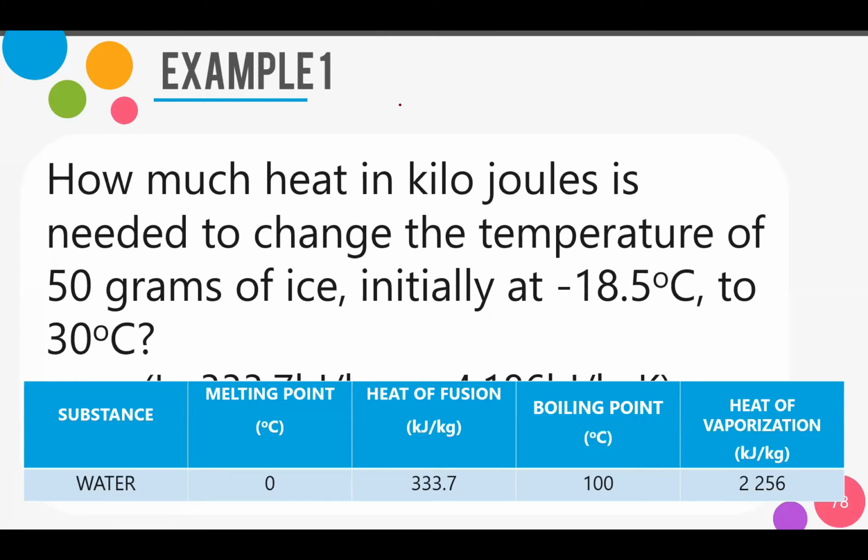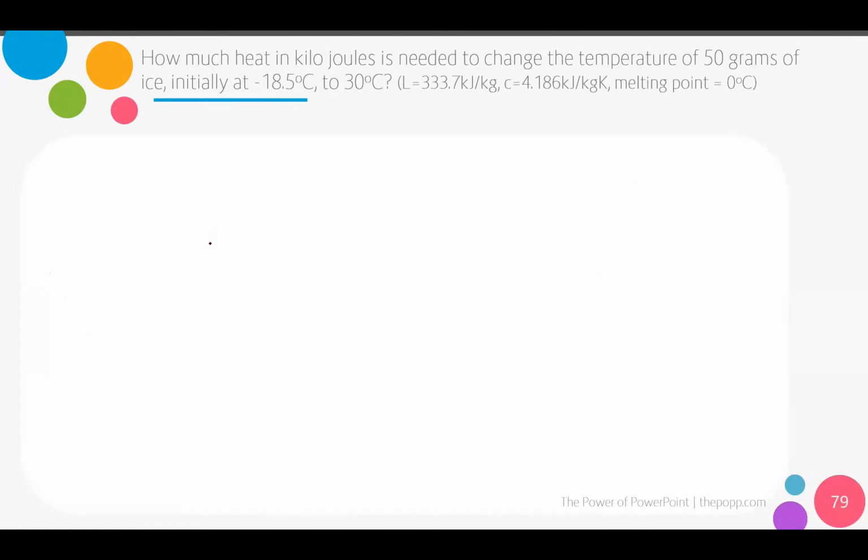Then after we solve for those three heat absorbs, we combine their values, or we sum up their values to be able to know the heat needed in kilojoules to change the temperature of the ice from negative 18 to 30 degrees Celsius. So to do that, okay, so first, let's solve the total heat needed.